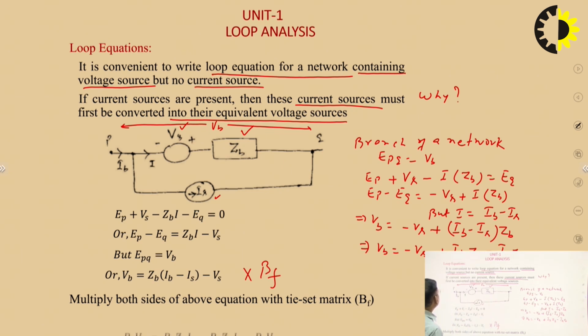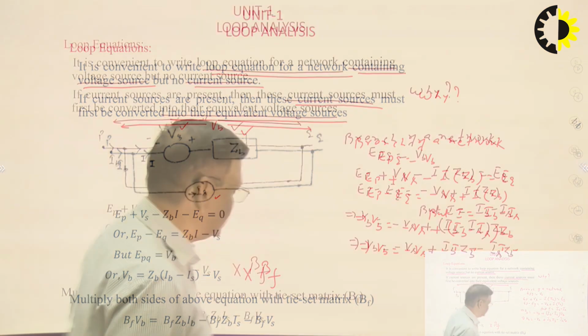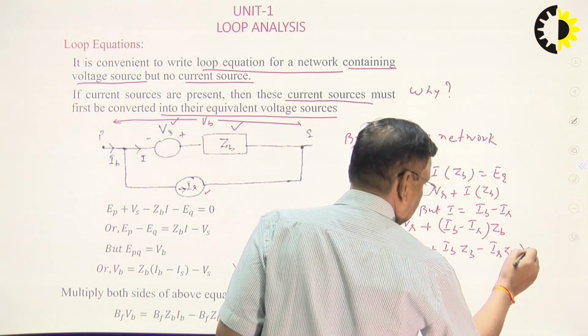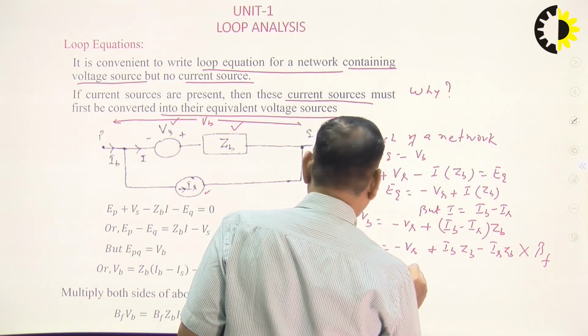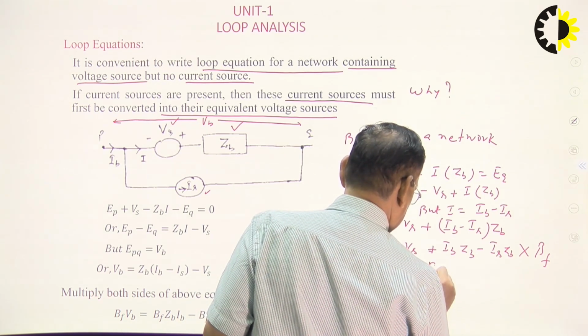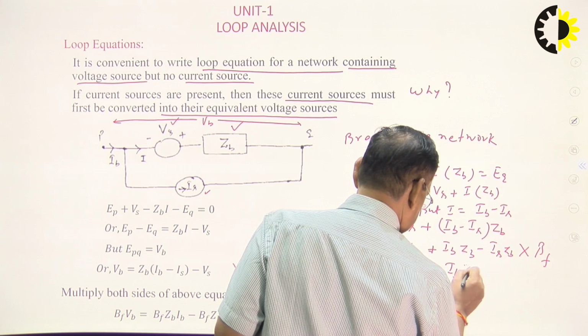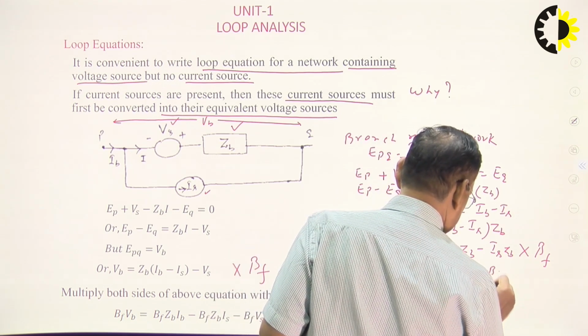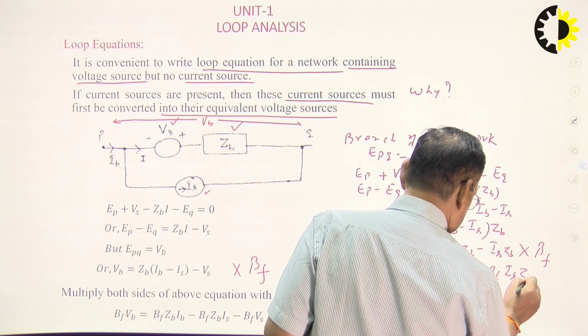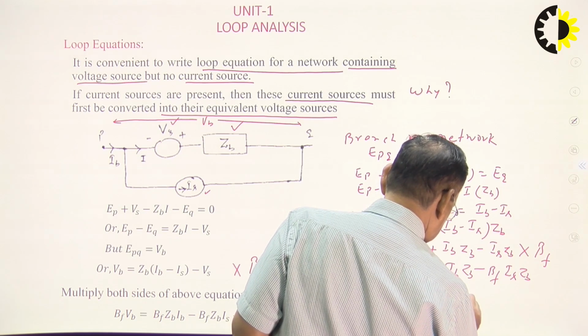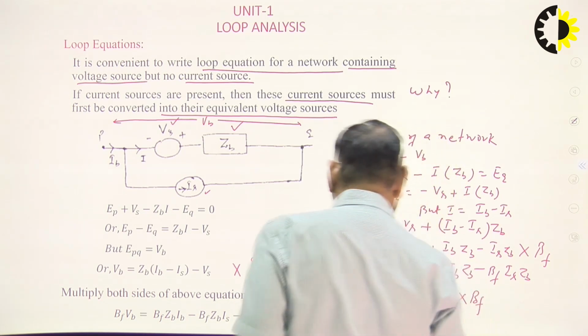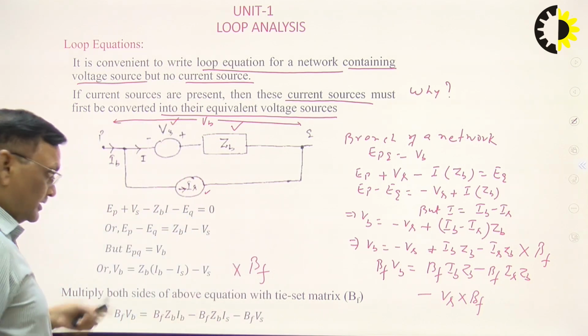So we get this equation: BF into VB equal to BF ZB IB minus BF ZB IS, minus BF into VS. What is this?